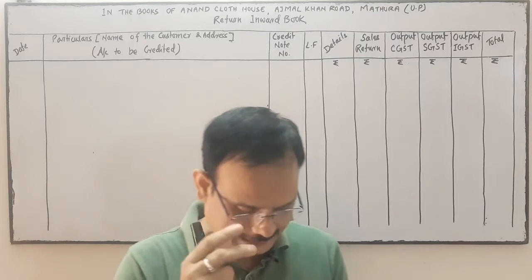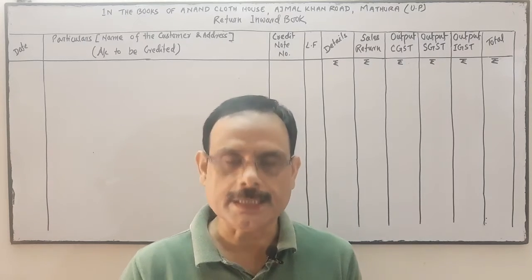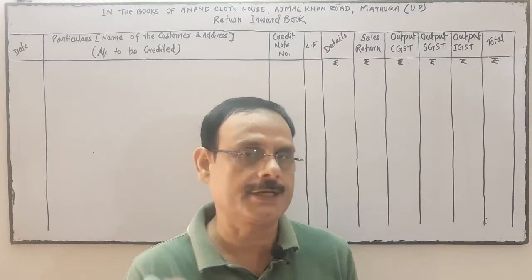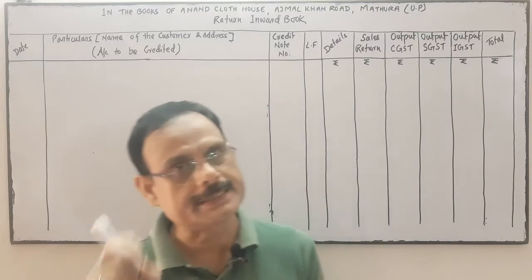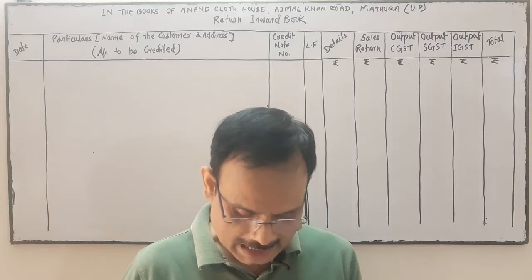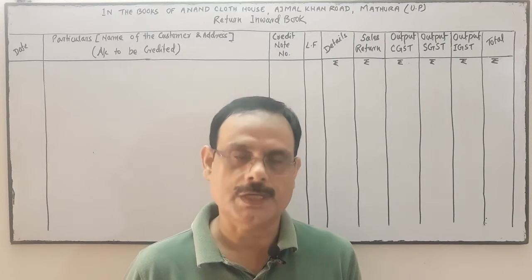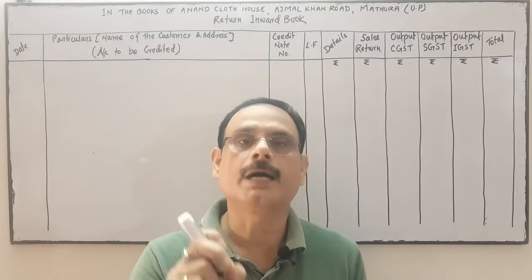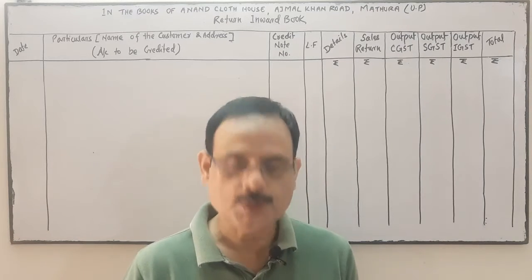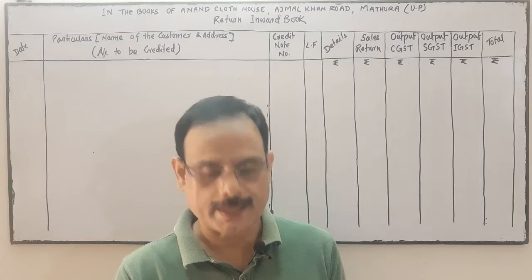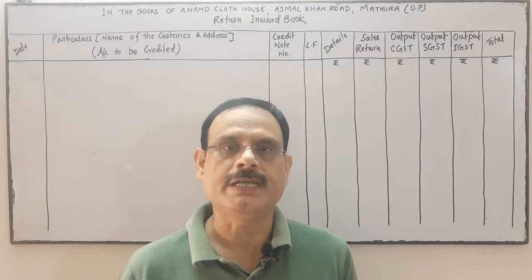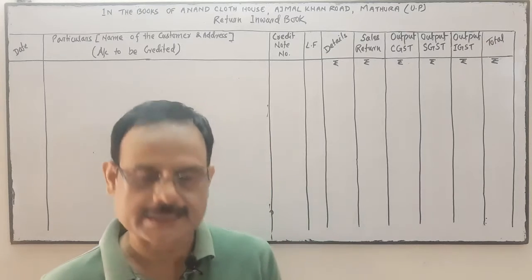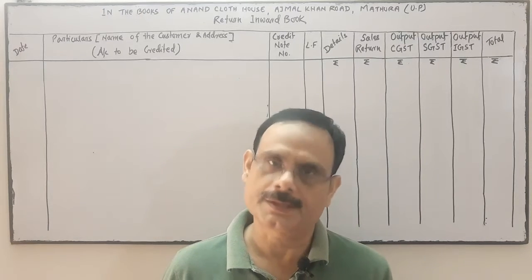Sales return. Enter the following transaction in the return inward book. Return inward book means sales return book of Anand Cloth House, Ajmal Khan Road, Mathura, UP, assuming CGST at the rate of 2.5% and SGST at the rate of 2.5%.